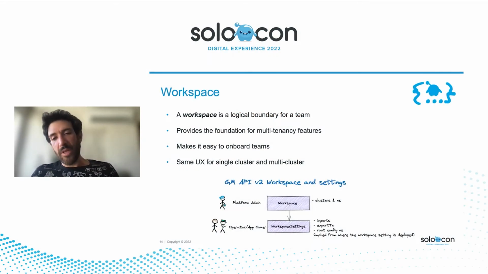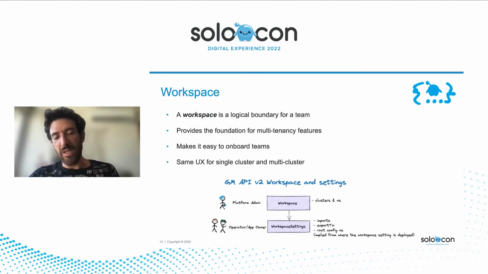So the first step we take a look at is how do we actually partition all of this config? We have lots of different components, lots of things that are communicating, and we understand that we have teams that need to have access to their own things, but not things that another team is developing. So this is where we conceive of the workspace.